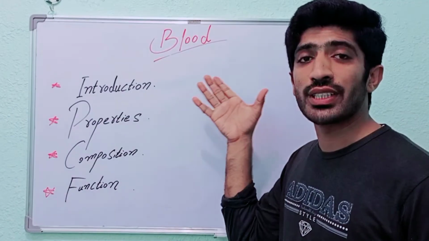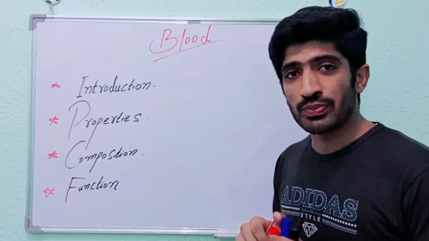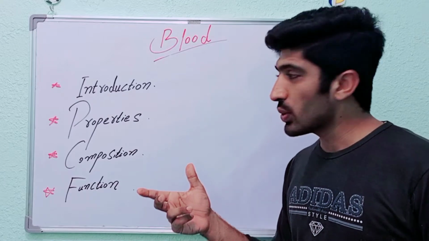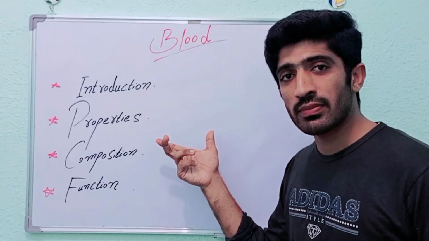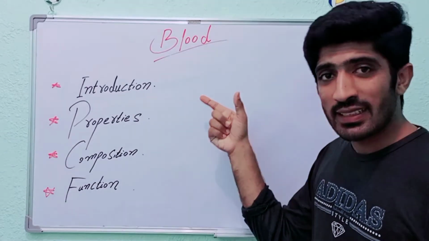So if we talk about introduction, students, blood is the fluid connective tissue which is present in human beings and all the vertebrates. It circulates in the human body through the vascular system. The color of the blood is red.